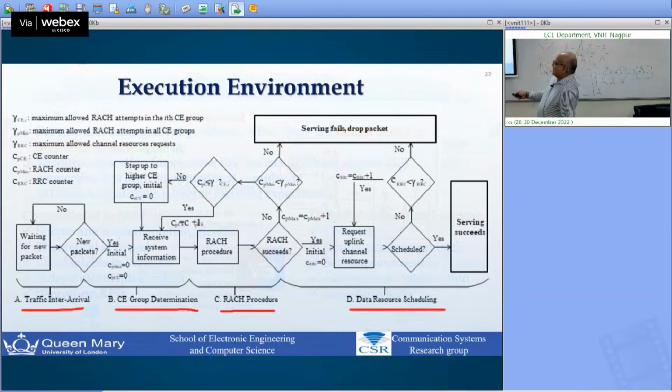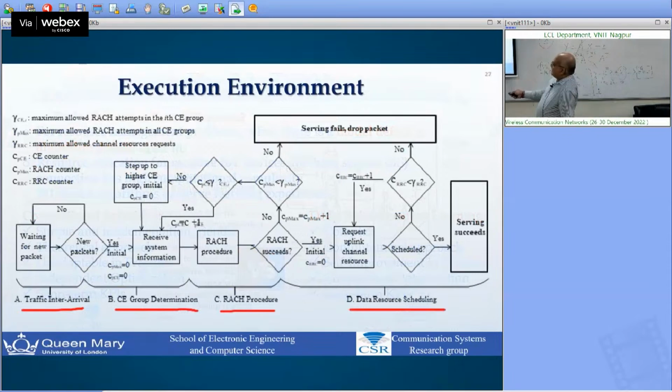Then determine the group. For each group, we have the random access procedure. For that particular group, the number of preambles, number of repetition factor, everything using that value, execute the random access procedure. Only if it succeeds, data transmission occurs.